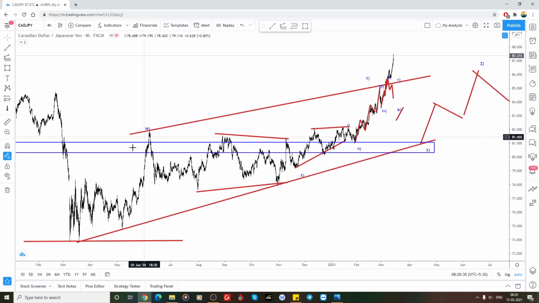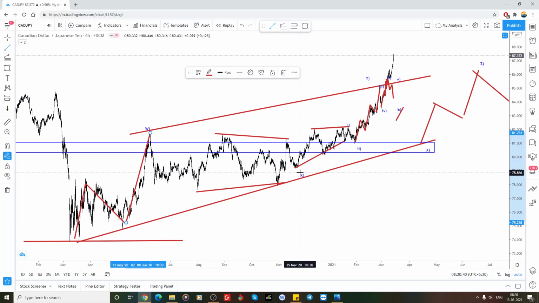Because this A, B, C is a W, sorry, X. So I took this as a triangle. In that case, if this is a 1, 2, then 3, 4, and 5.